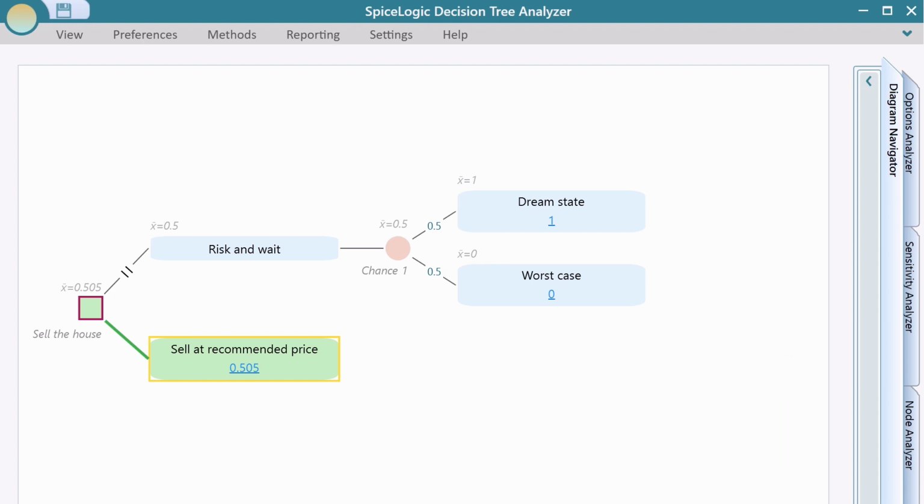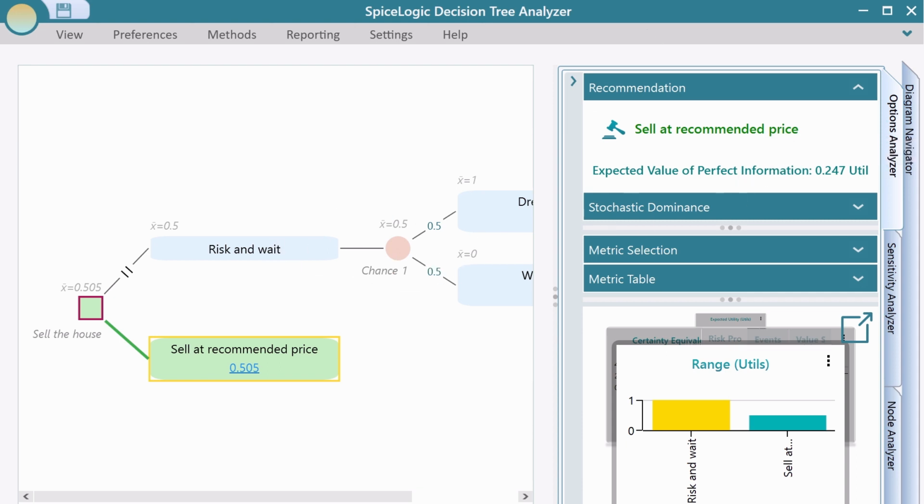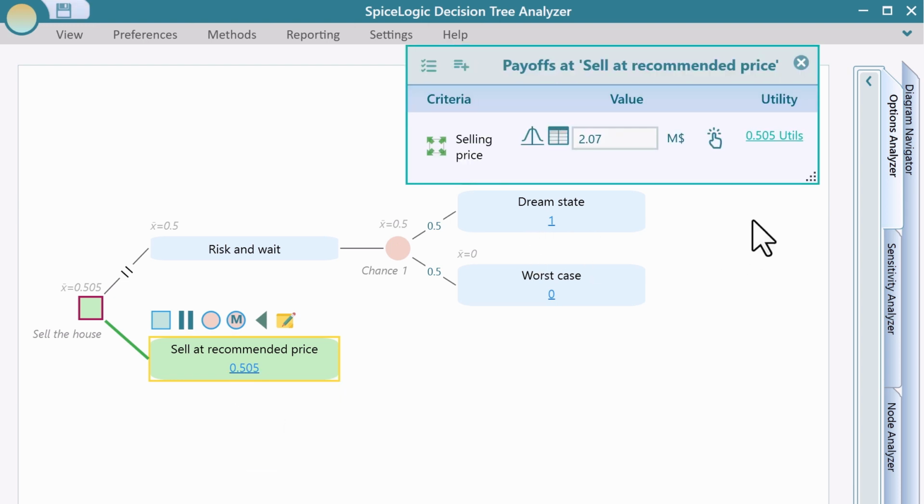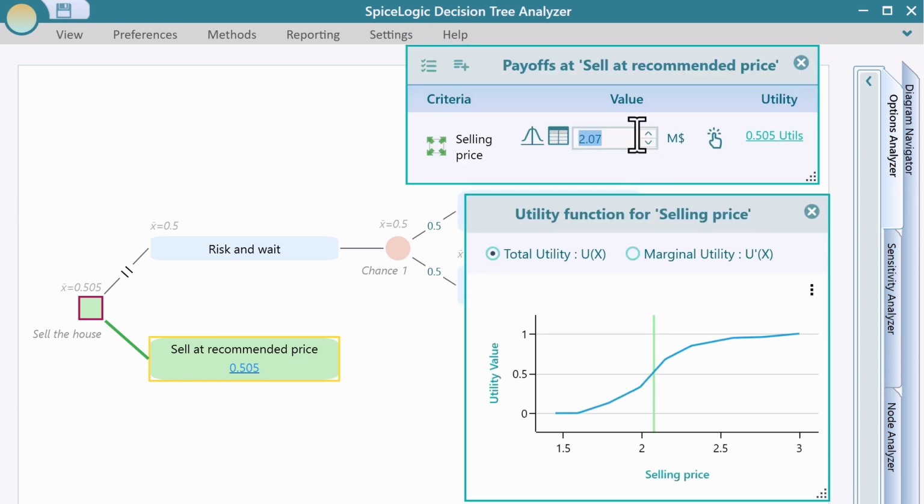You see that the utility value for selling this recommended price is 0.5. Now, see the expected utility for the risky action is also 0.5. So, that means by selling at that recommended price, you become indifferent between these two actions. Any offer greater than $2.07 million will give you higher expected utility than the expected utility of waiting.